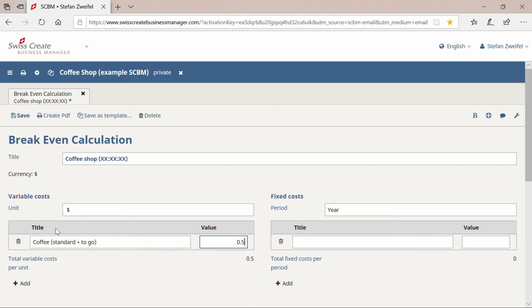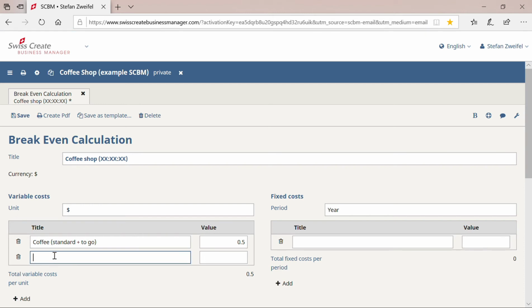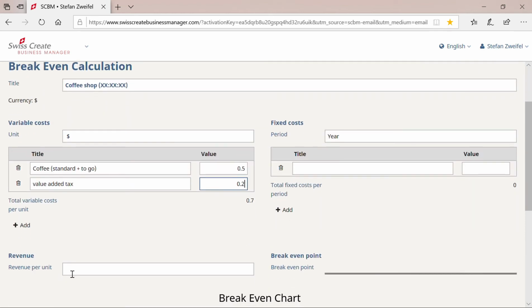What else do I have as variable costs? Yes, I also have value added tax. It's about 8% here, and that will be about 20 cents. The revenue per unit: I sell the coffee for $3 a cup, including value added tax. So that's all about the variable costs.